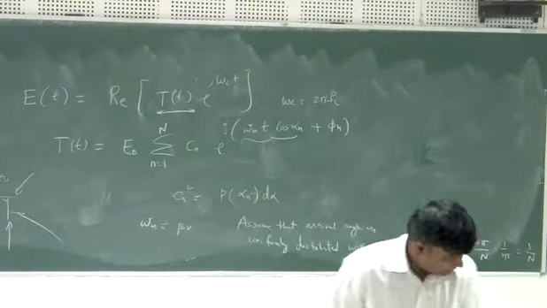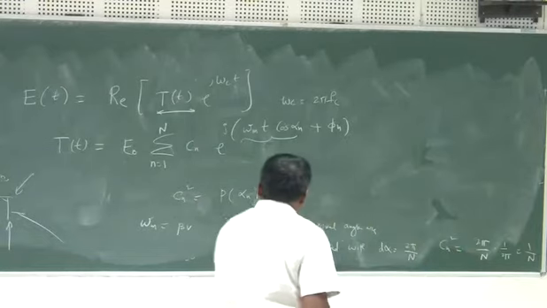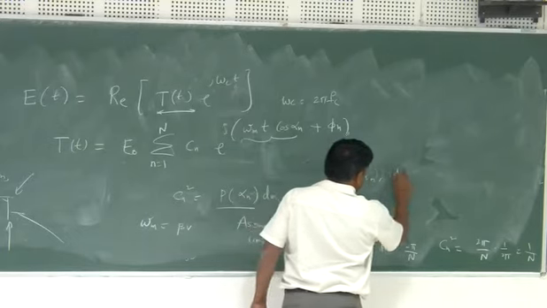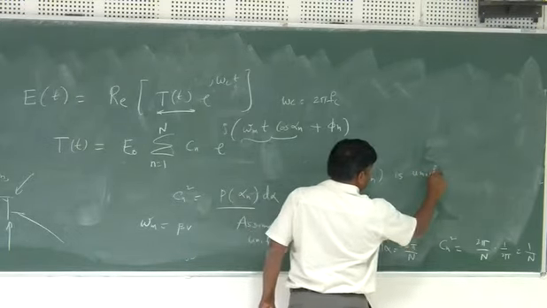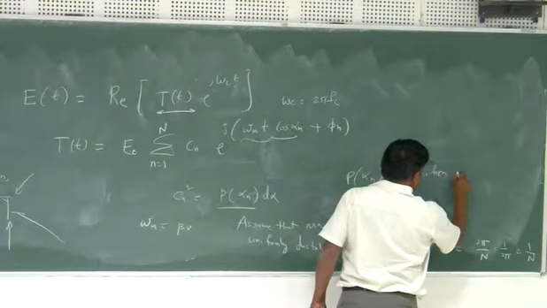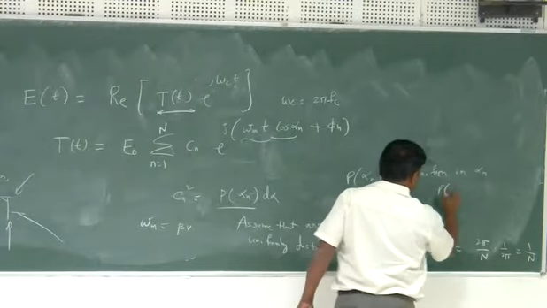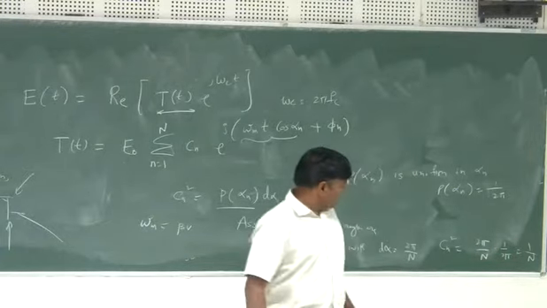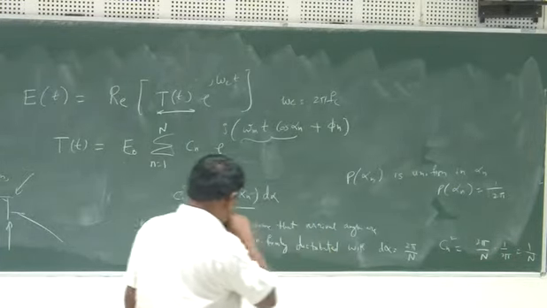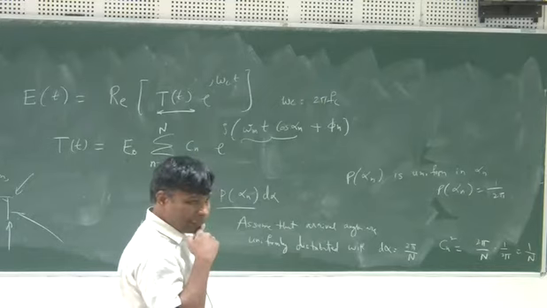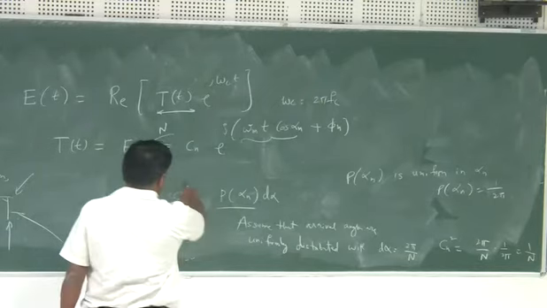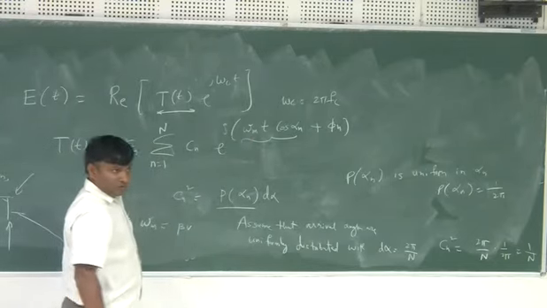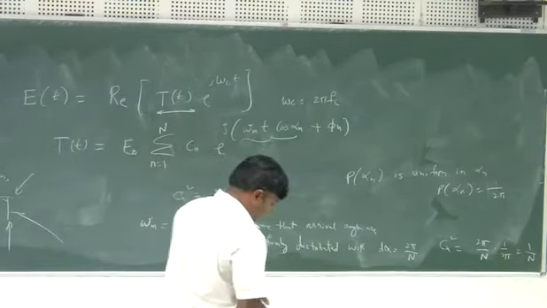Why is that 1 over 2 pi? Uniform. P of alpha n is uniform in alpha n. Therefore, P of alpha n is equal to 1 over 2 pi. Okay? This part is taken care of. Omega m is beta into V.